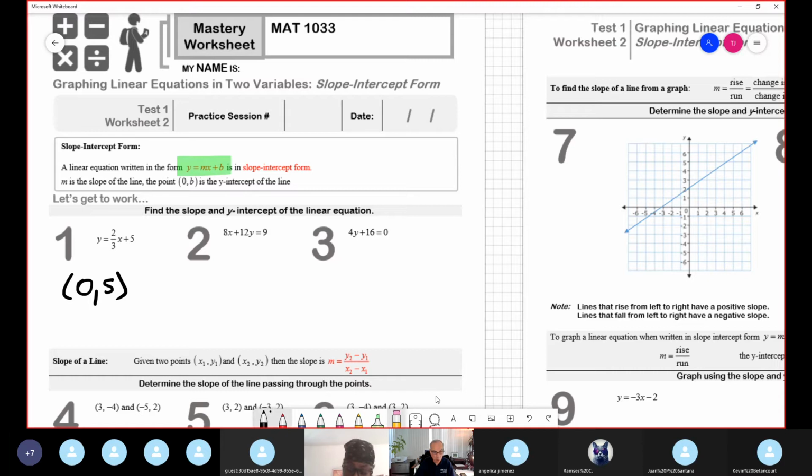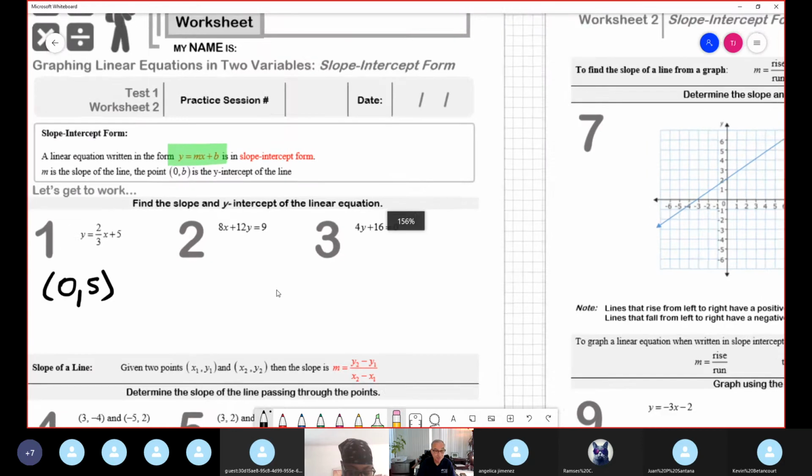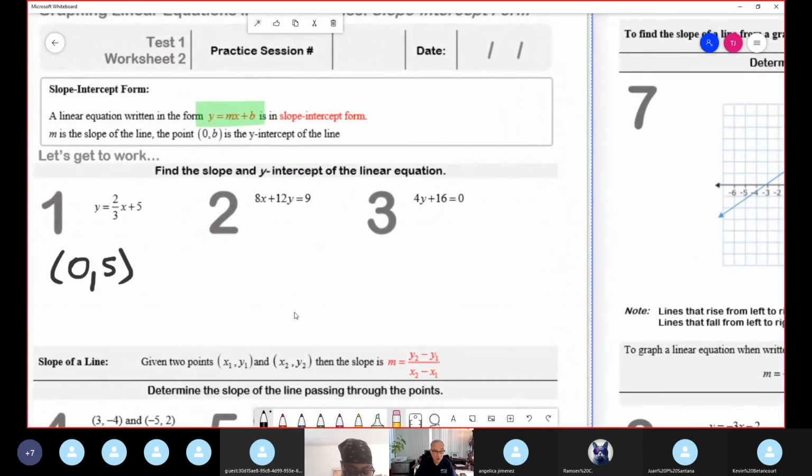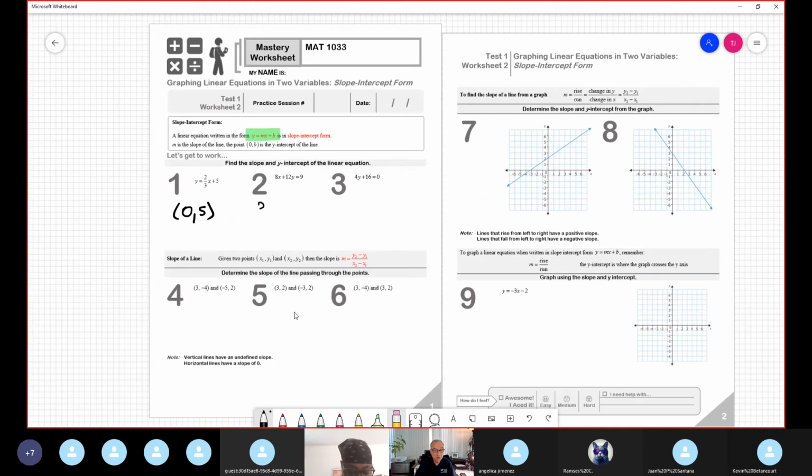And the second, no. Why no? Because unfortunately the line is expressed in standard form. So you take the equation, ax plus 12y equal 9, and you solve for y in order to express it in slope-intercept form.